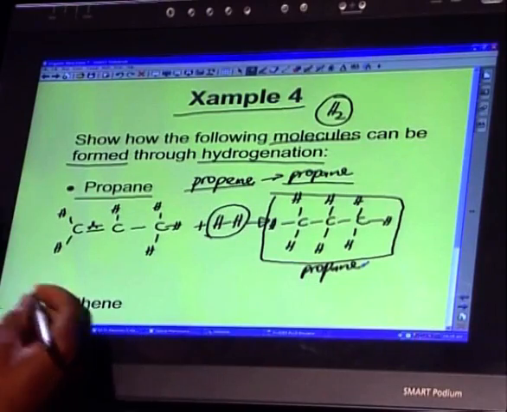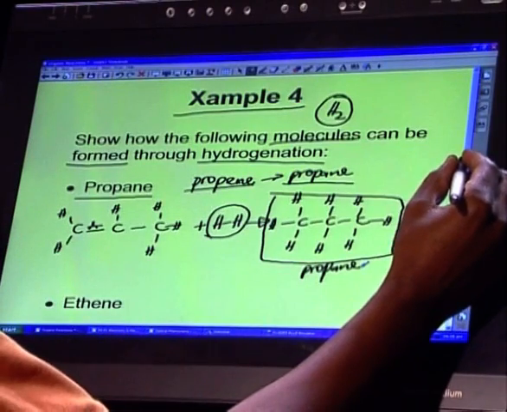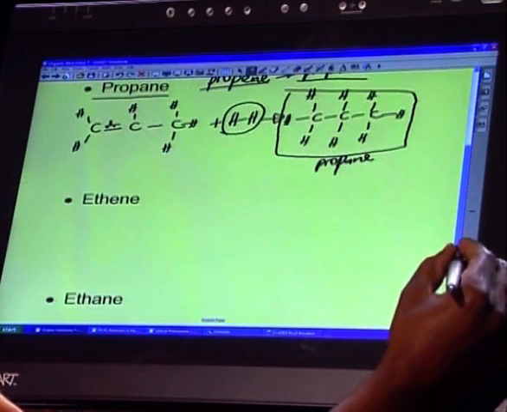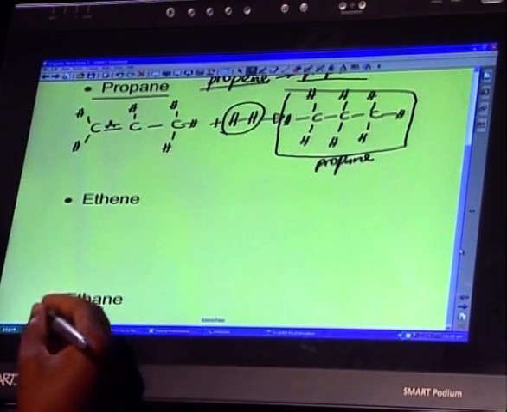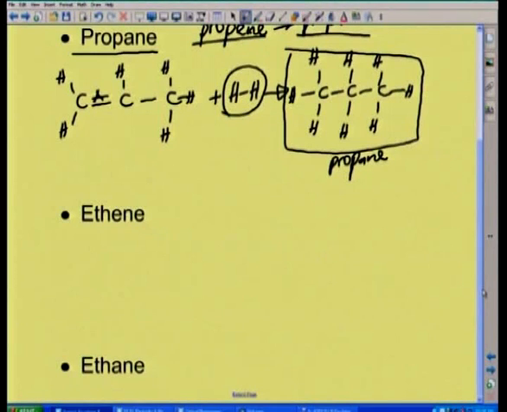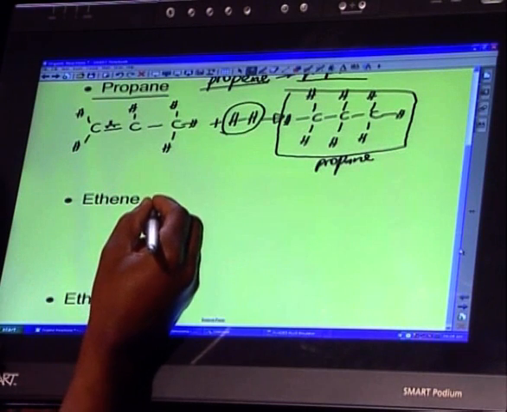All right, let's move on. Let's show how ethene is formed through hydrogenation. Now, ethene has got a double bond between carbon atoms. If I am to come down to ethene, I must be from ethyne.